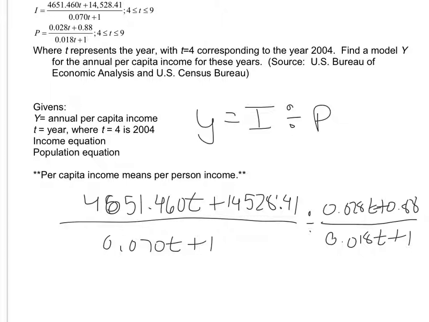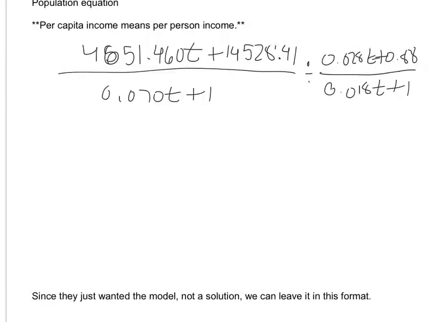So what's this going to end up being? And this is what we're looking for. So you have 4651.460 T. The first one stays the same.